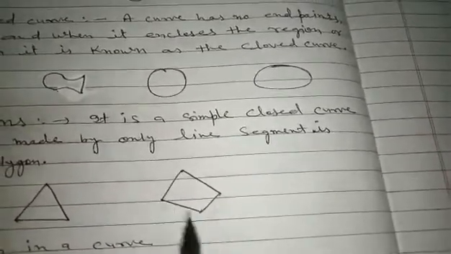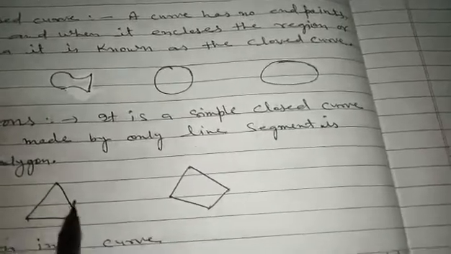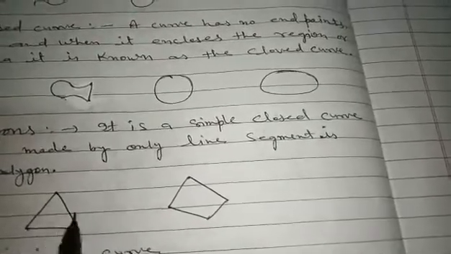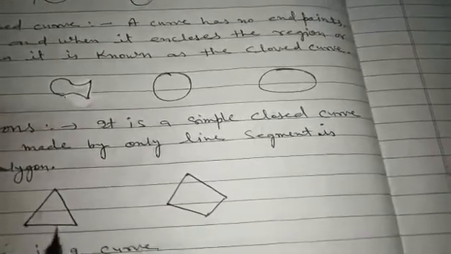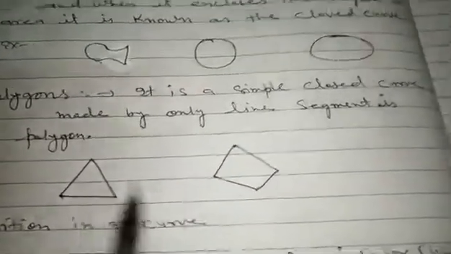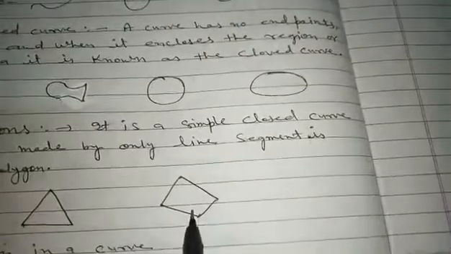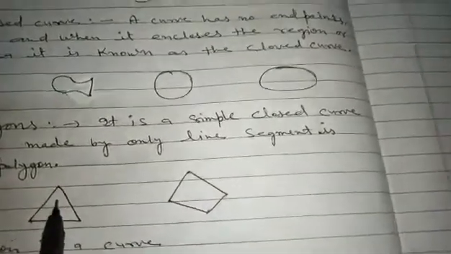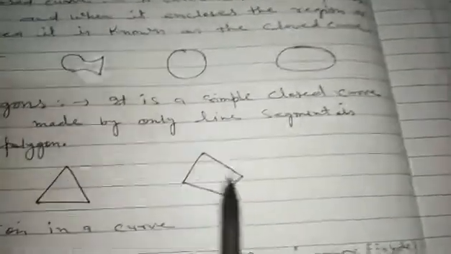It is enclosed by only line segments. It has 3 line segments, and this has 4 line segments, so it is a triangle and it is a quadrilateral. So a triangle is a polygon, a quadrilateral is a polygon.